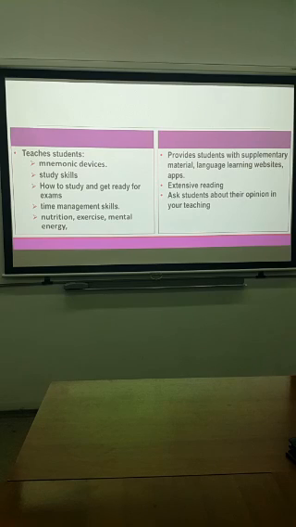Also, nutrition, what to eat. If they are hungry, they should eat in the morning, have breakfast in the morning, and go to bed early, not stay up the whole night, and then come to class in the morning very sleepy and very tired, and they won't understand anything, they won't learn. And also mental energy.